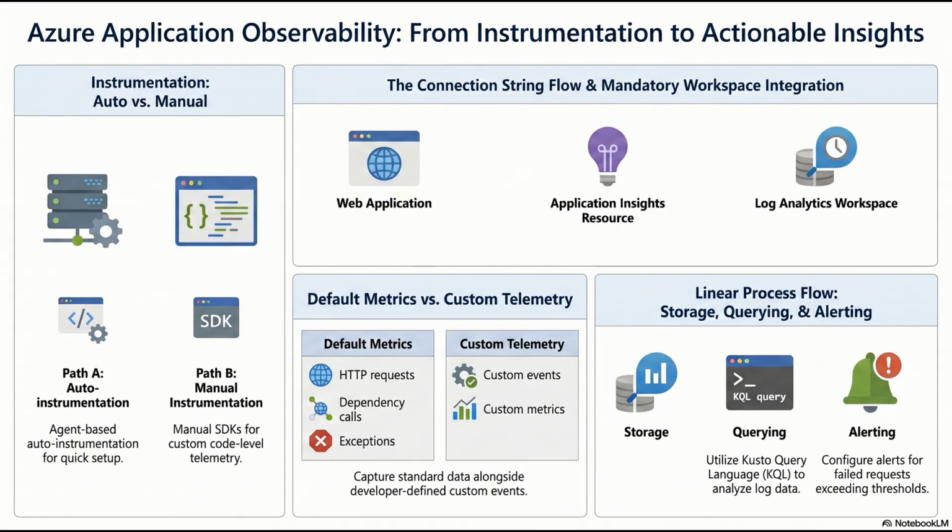Okay, the pipeline is open. The SDK is sitting inside my compiled code. What kind of telemetry am I getting out of the box without having to write 100 lines of custom logging code myself? The default auto-collection capabilities of the SDK are remarkably deep. Just by including the SDK and the connection string, it hooks into the underlying frameworks of your application to intercept several vital streams. What's the first stream? First, it tracks all incoming HTTP requests.